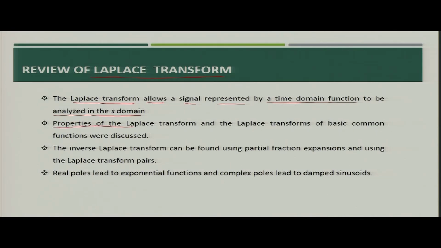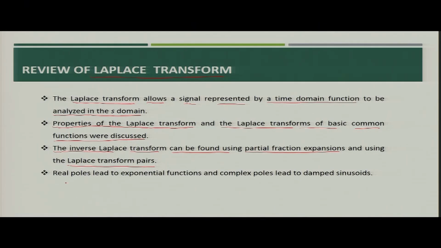Properties of the Laplace transform and the Laplace transform of basic common functions were discussed in the previous classes. Then we discussed the inverse Laplace transform, which can be found using partial fraction expansion or the Laplace transformation pairs technique.